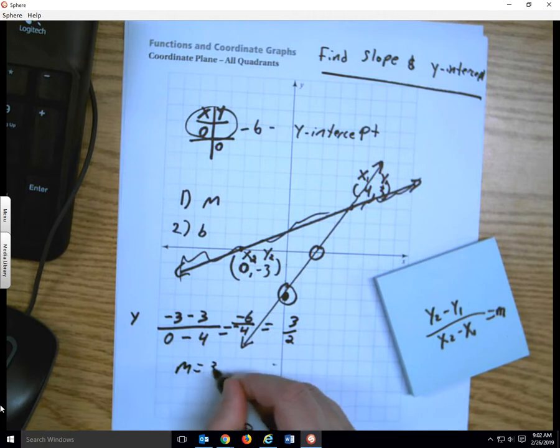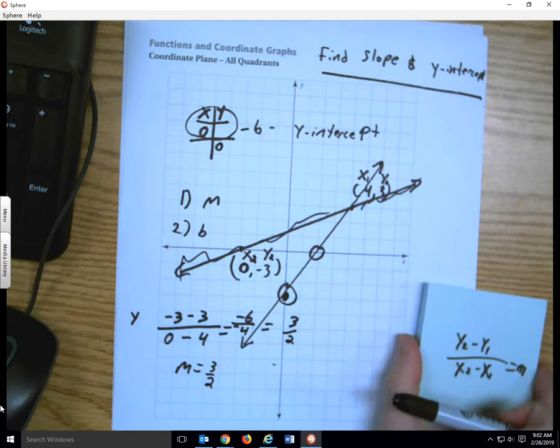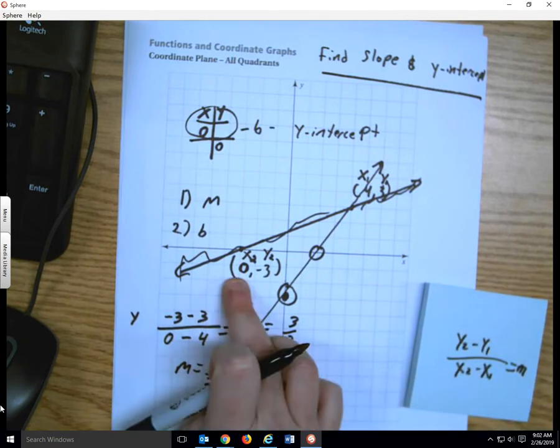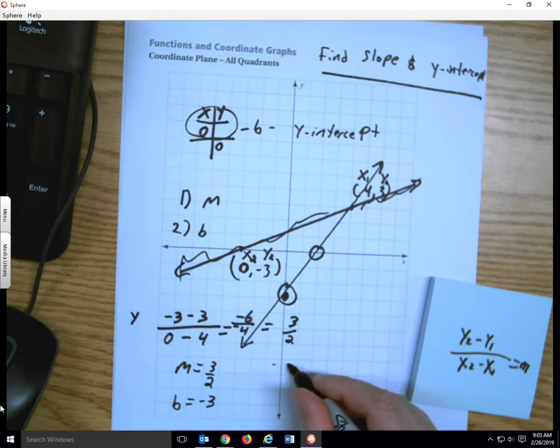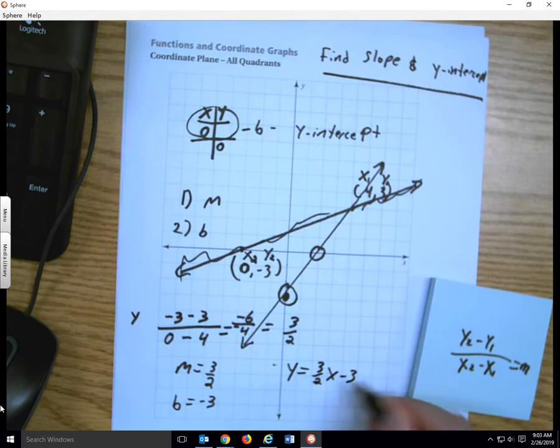M equals 3 over 2. Well, what's my b? Well, we already said if x is 0, then we know the b, which is negative 3. So now we just have to write it. Y equals 3 over 2 x minus 3.